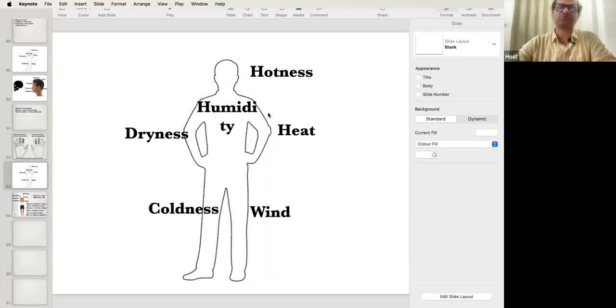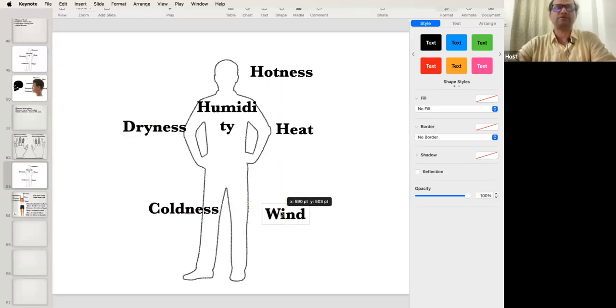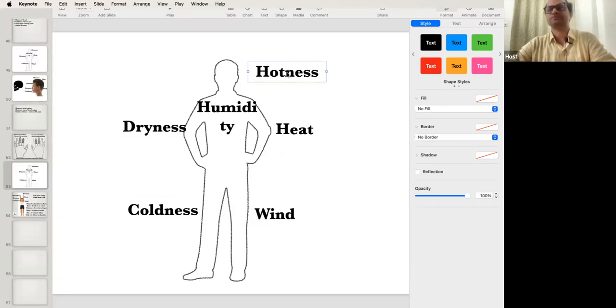What is the left arm as per this classification? Heat. I want to do the treatment of the right arm. What is the right arm as per this classification? Dryness. Left leg, what is the left leg? Wind. What is the right leg? Coldness. So whenever I want to do the treatment of the arm and leg, first I have to choose one energy from this classification.